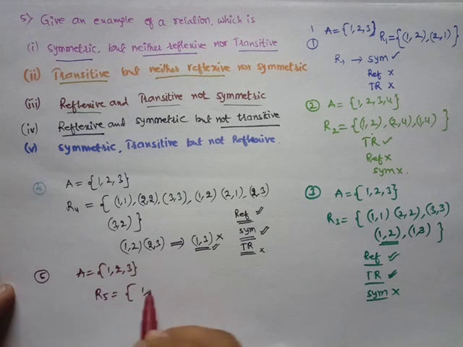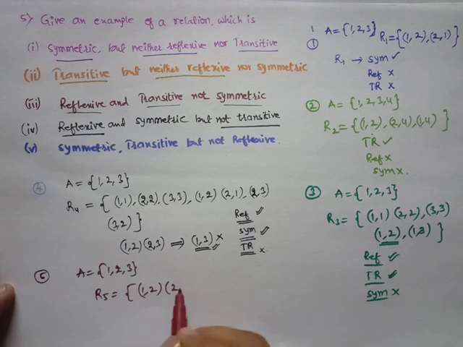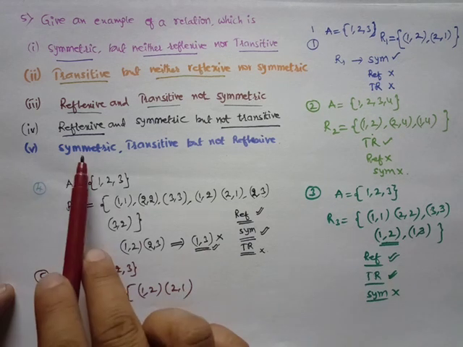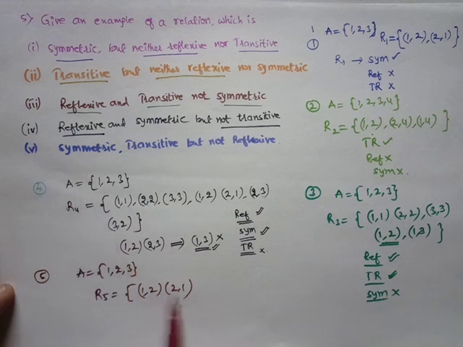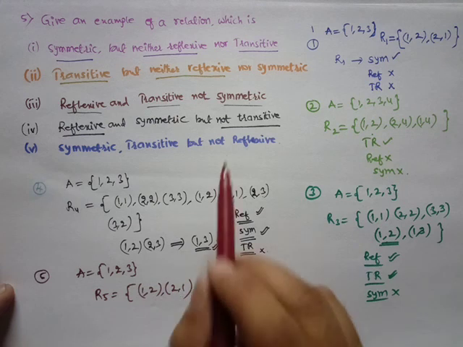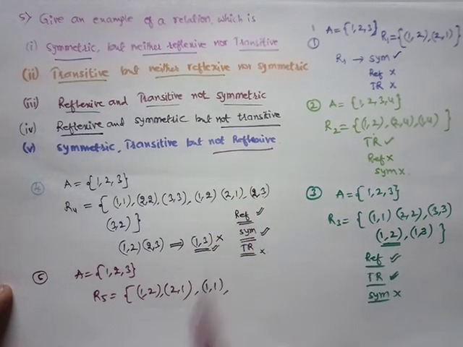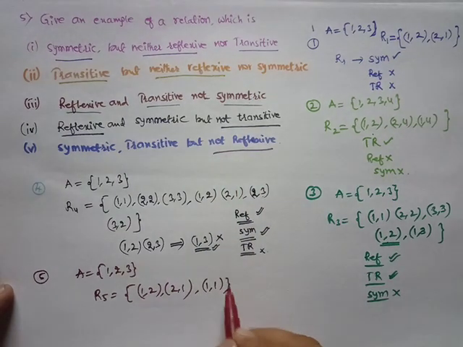Consider (1,2) and (2,1). Yes, (1,2), (2,1) is present, then it is said to be symmetric. And if I consider (1,2), (2,1) and one more, (1,1) is also taken, then it is said to be transitive. But it should not be reflexive. So stop here itself, don't consider (2,2) and (3,3).